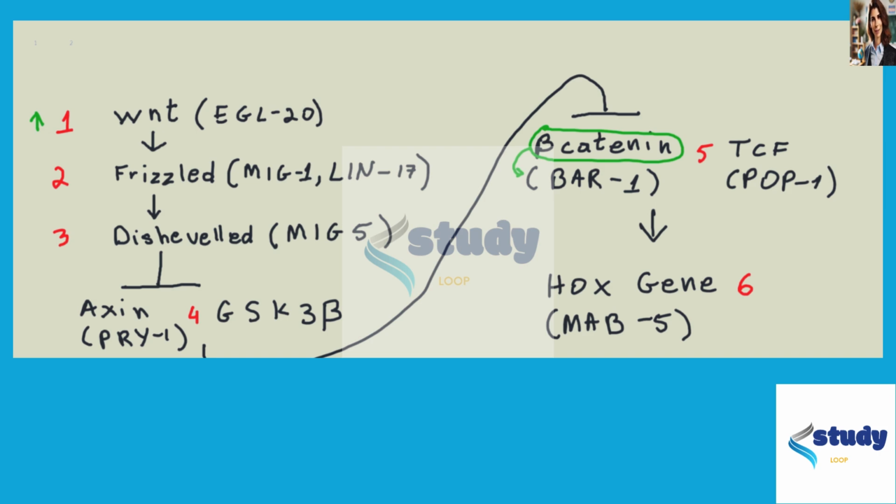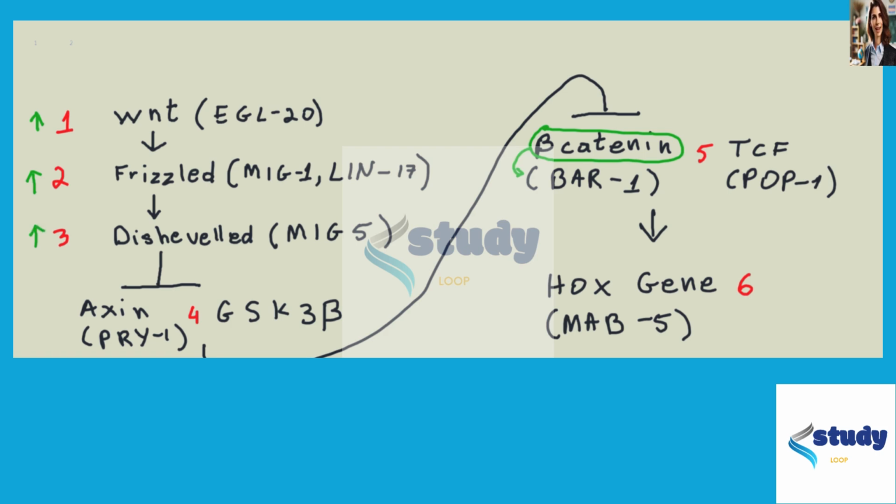So let's just follow the flow, and this is how you want to generally approach these kinds of questions. So increased levels of level 1 would absolutely result in increased levels of level 2. Increased levels of level 2 would result in increased levels of level 3. Okay, right? Because that's what these arrows mean.